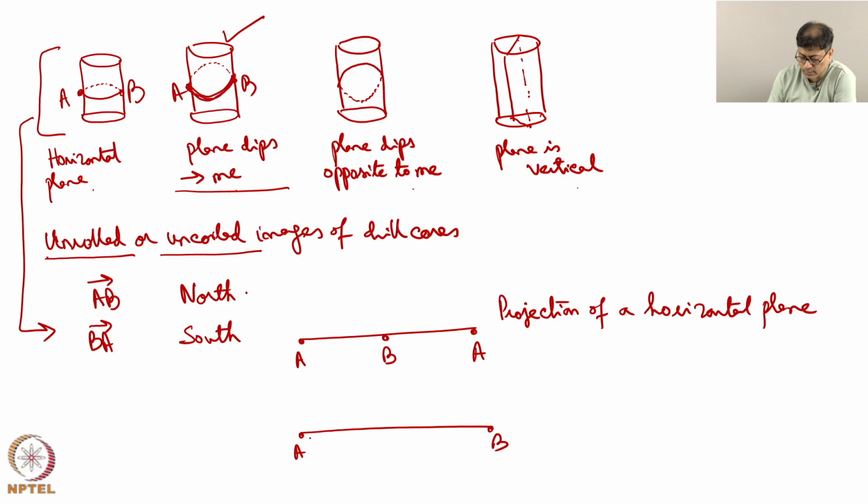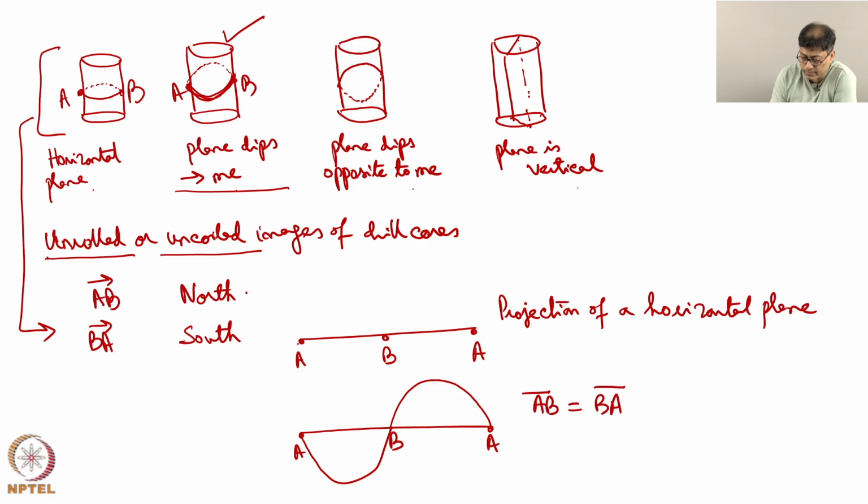From A towards B it goes like this, and then from B towards A, in this dotted line, the curve moves up. Needless to mention that in this case and in this case also, the AB distance is equal to the BA distance.